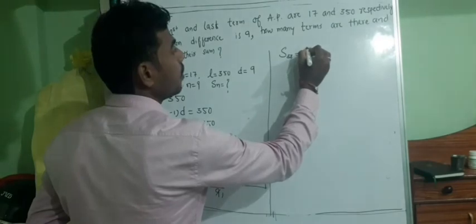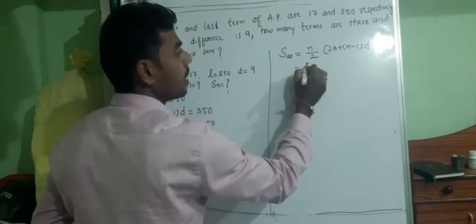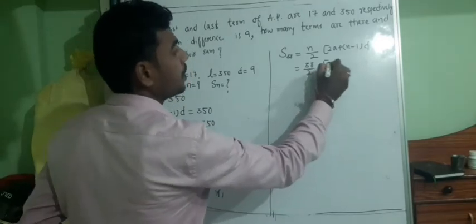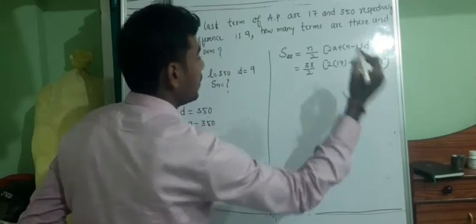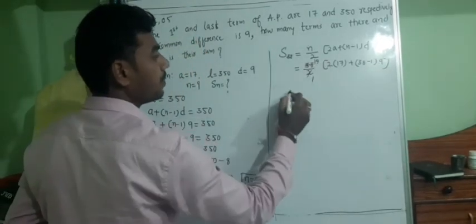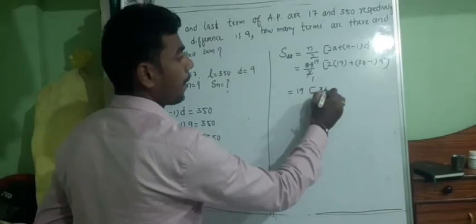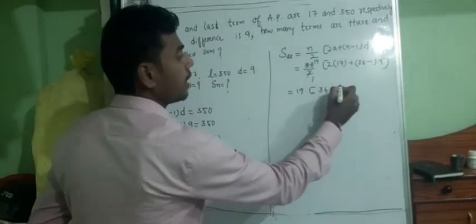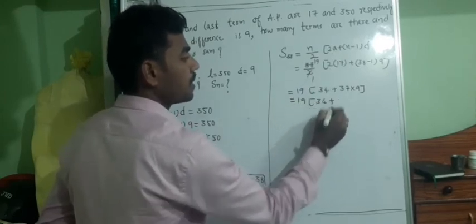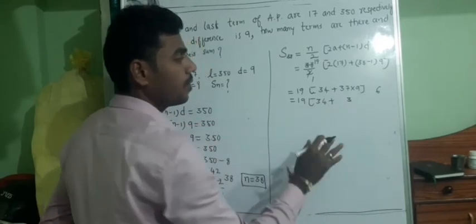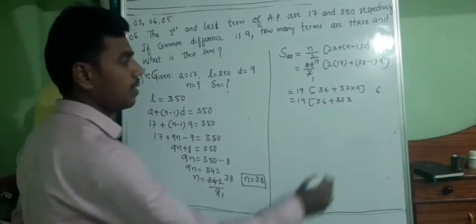So S38 is equal to N divided by 2 into 2A plus N minus 1 into D. N is 38 divided by 2, 2 into 17, A is 17, plus 38 minus 1 into 9, D is 9. 19 into 2 17s are 34, plus 38 minus 1, which is 37, multiplied by 9. 9 7s are 63, 6 carry, 9 3s are 27 plus 6 is 33.